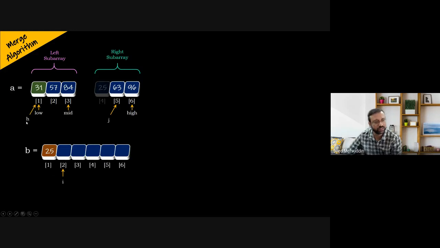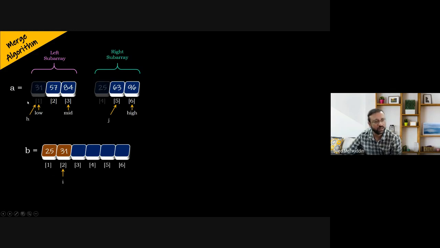Now again we perform the same step. The element at h, which is still the first element, is checked with the element at j, now the second element of the right subarray. Whichever is smaller is stored at index i.